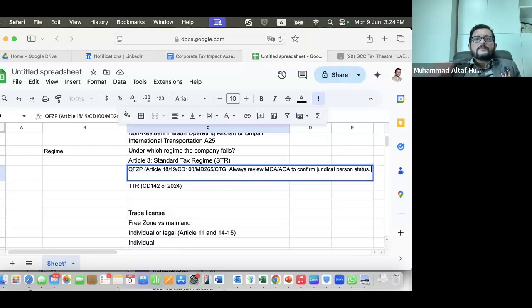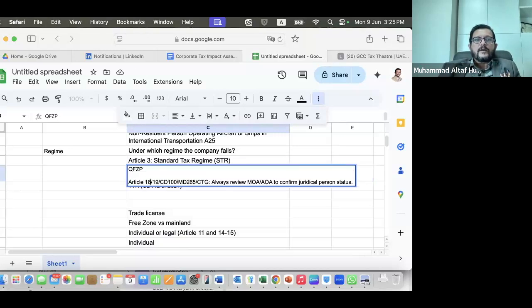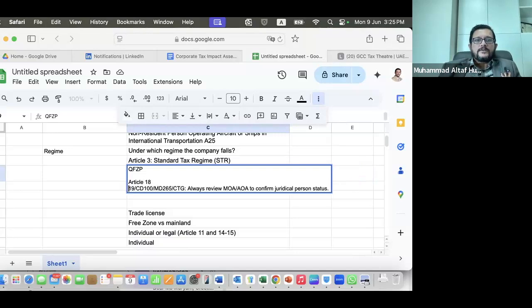Having said that, now let us do a quick recap. Then we have to identify the qualifying income, whether it's a qualifying activity. Let's do it this way, because this is a kind of work program that we are doing, so we have to ensure that tomorrow you guys can quickly relate to it.